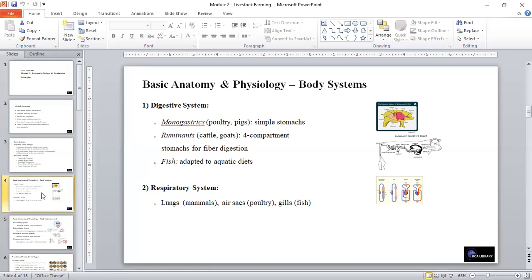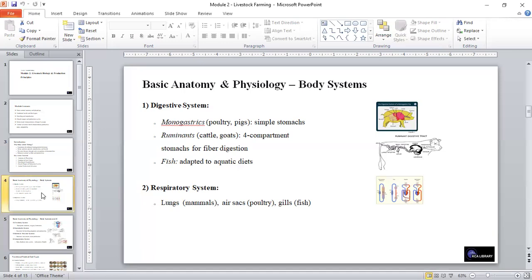There are also ruminant animals. These ruminant animals have a four-compartment stomach that is adapted for digestion. The examples are cattle and goats. We also have the fish.